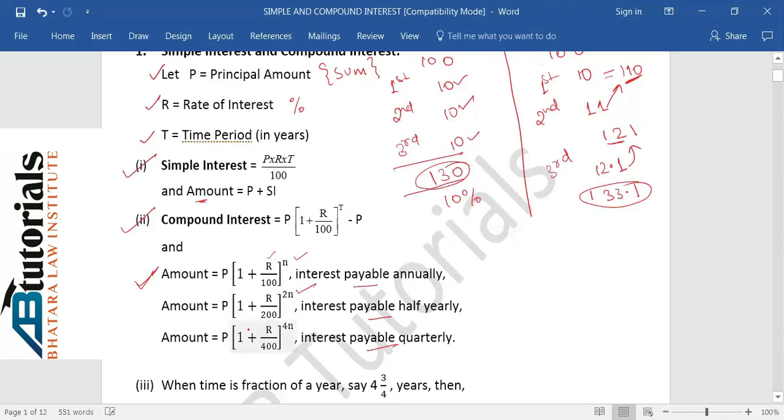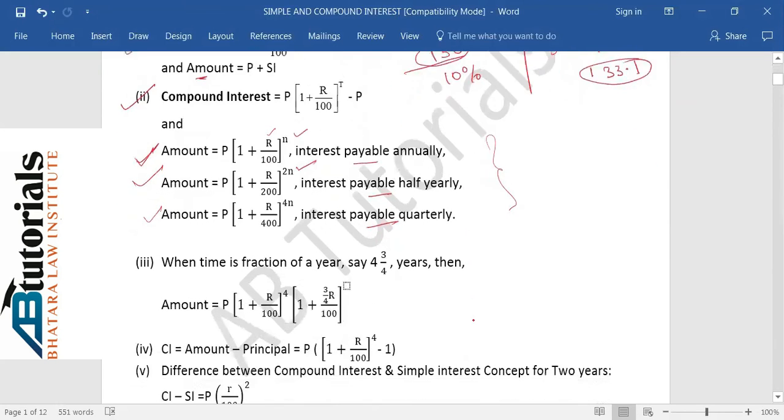So rate is divided into 2 parts, but we need to calculate twice, so time will be multiplied by 2. Quarterly means 4 times in a year, so time will be multiplied by 4 and rate will be divided by 4. So these are the different kinds of formulation that we are using in compound interest.